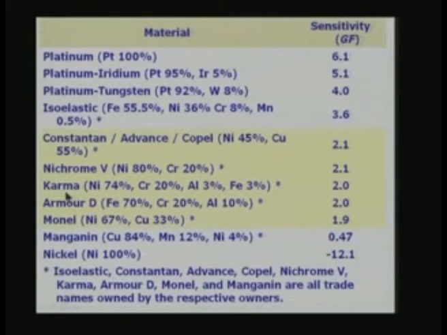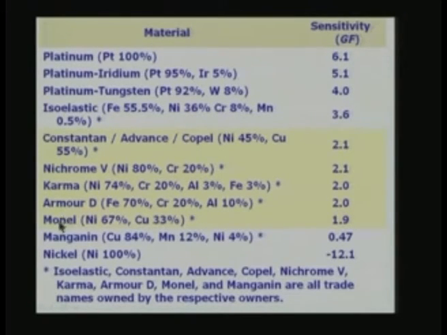There is something called Karma, which is nickel 74%, chromium 20%, aluminum 3%, iron 3%. It is again about 2. There is something called Armour D, iron, chromium, aluminum, and again you see it is close to 2.